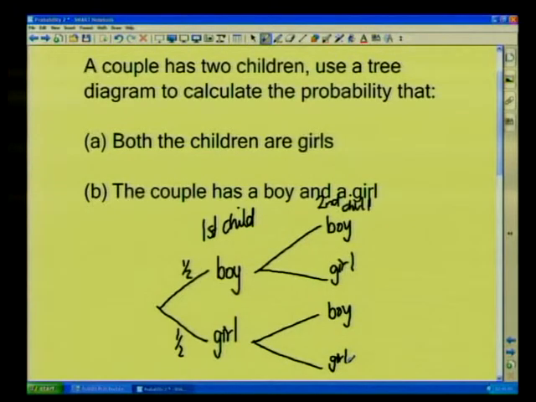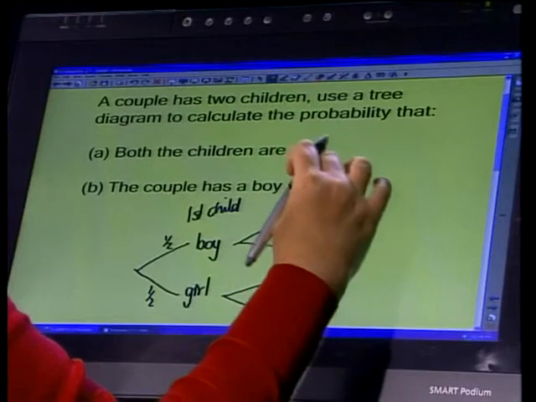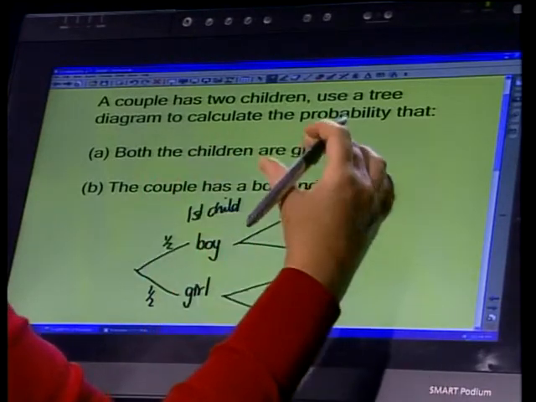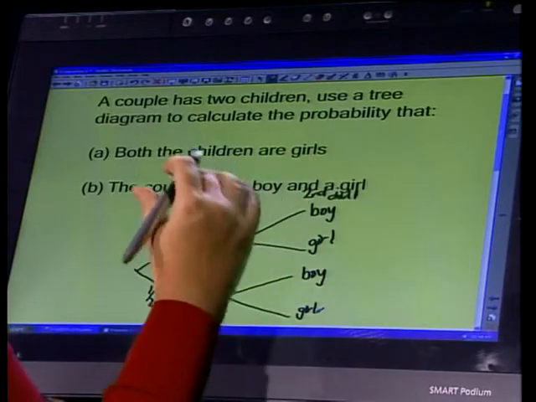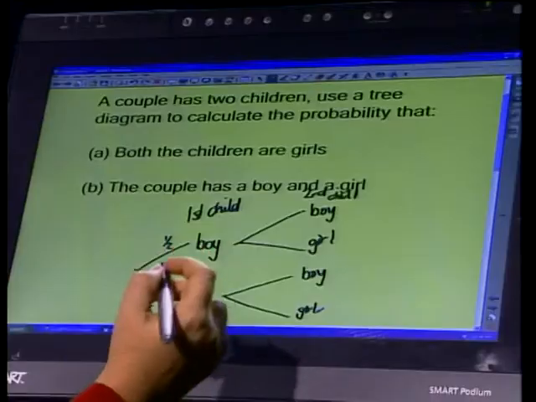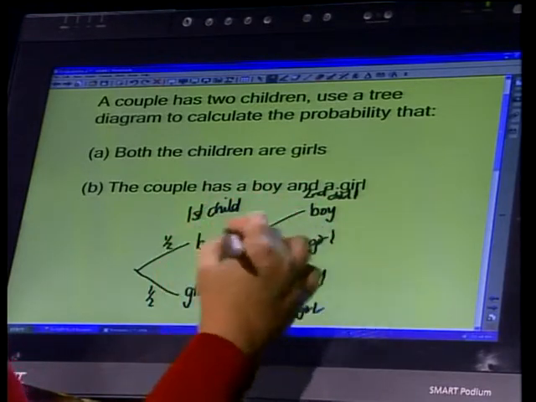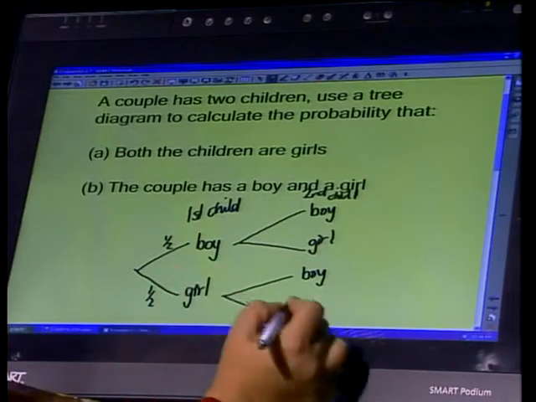You will always notice that the second choice is the same and it's duplicated for the second chances. So the first child has 1 branch split into 2, and the next time you've got 2 branches that are each split into 2, because each of those children will again have 2 options. So I can get a boy and a boy, a girl and a boy, or a girl and a girl.